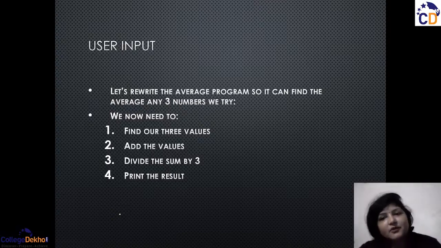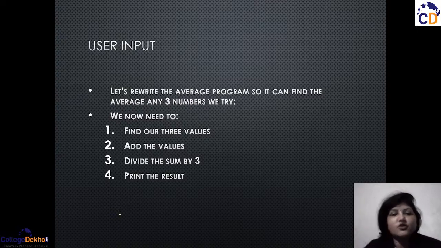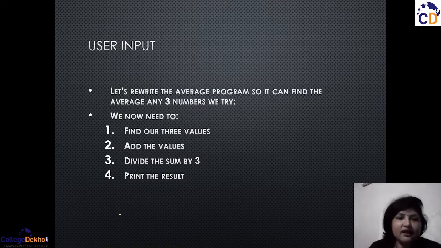This is just a type of assignment where you take the average program so that it can find the average of any three numbers. So what you are going to do is, first of all, you write the values of three numbers. You need to know the values of three numbers. Then add the values of those three numbers, right?